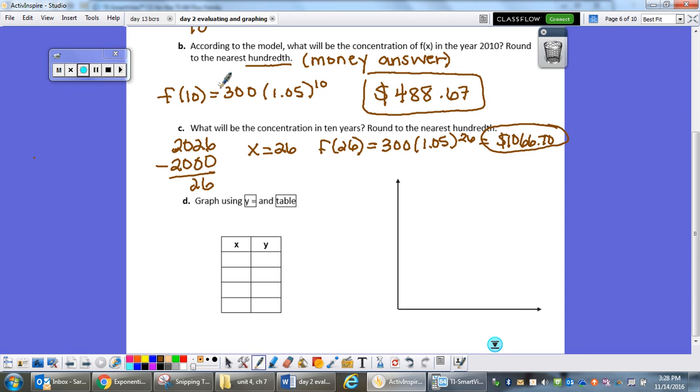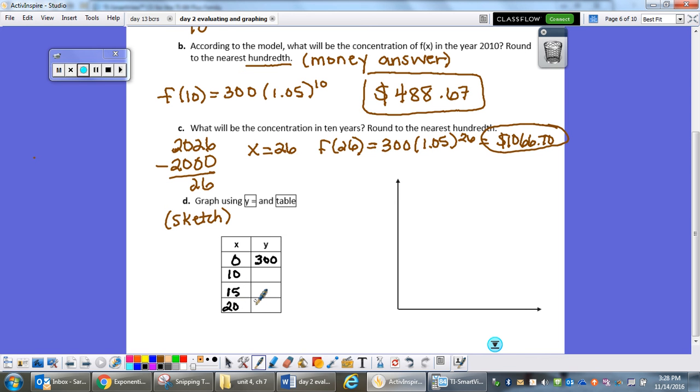All right, and then we're just going to graph, but it's really just going to be a sketch. There are some key things I'm going to look for. You're going to have to find the values using the table for 0, which we already know since the y-intercept is 300, and then I want you to find when x is 10, x is 15, x is 20.